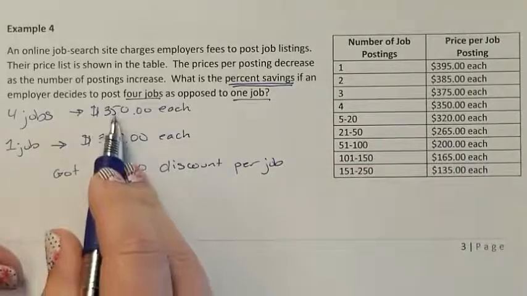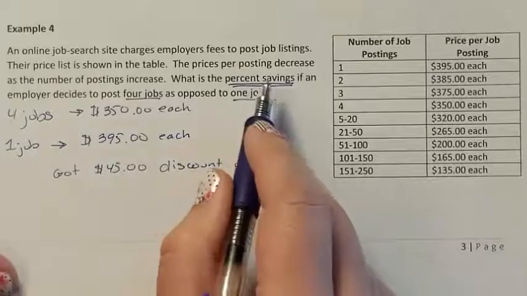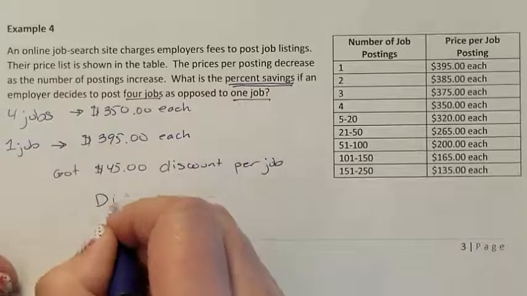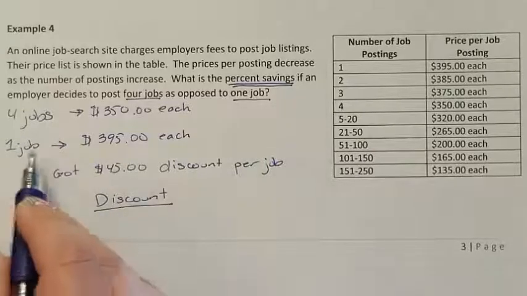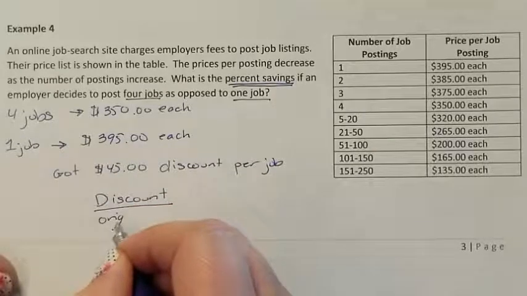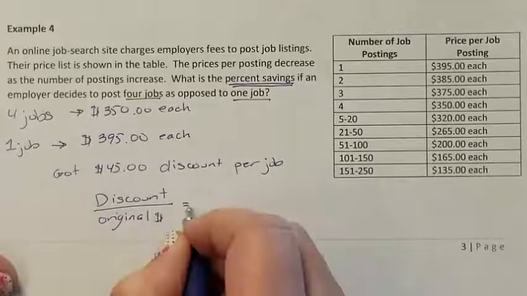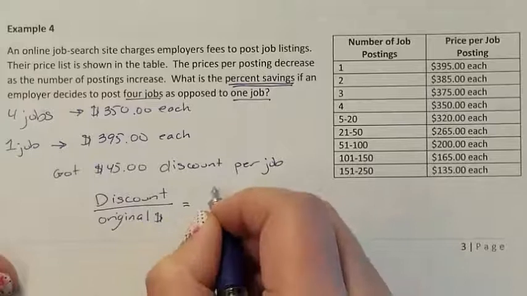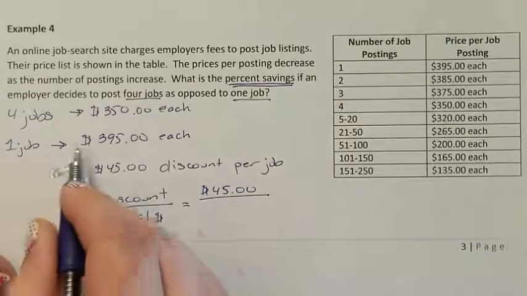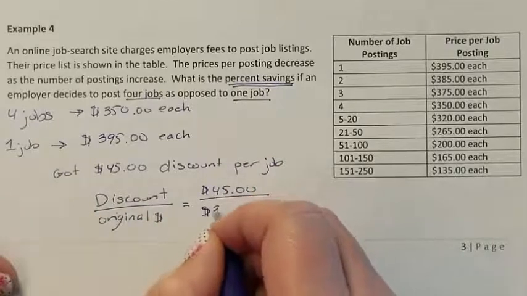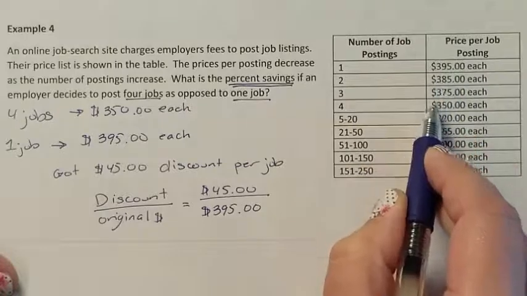It's a $45 difference. So it was a $45 discount. So for my percent savings, I want to know what was the discount divided by the original cost. The original cost was the cost for 1. So my discount was $45, but the original cost for 1 job was $395, because I got a discount for every additional job.